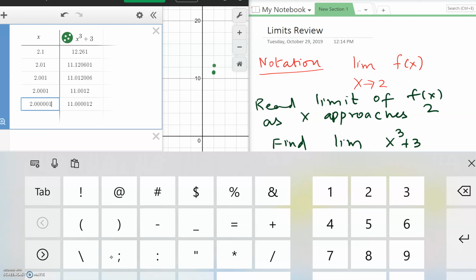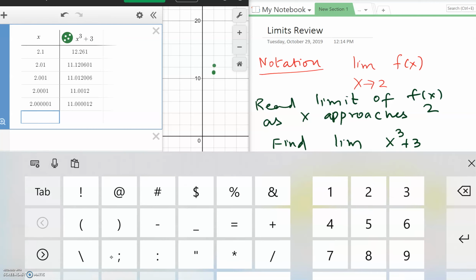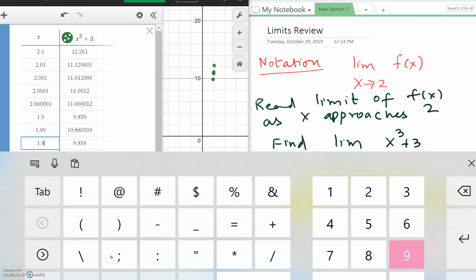In the same way, we want to try this from the left side of 2. From the left side, I'm going to start from 1.9, and then it goes closer to 2. So 1.99, 1.999.